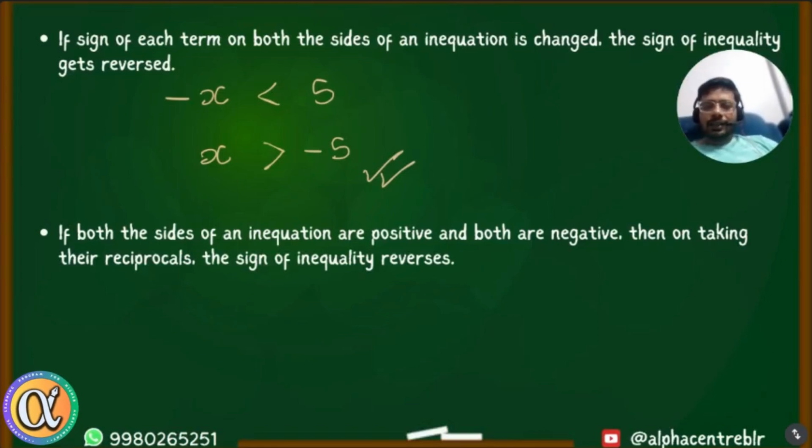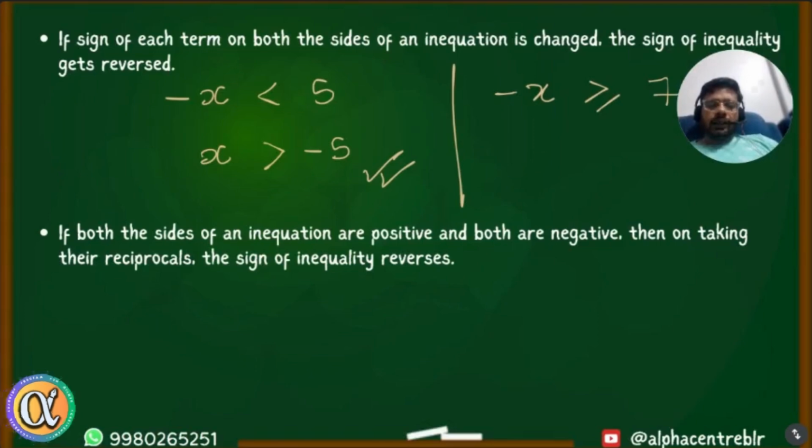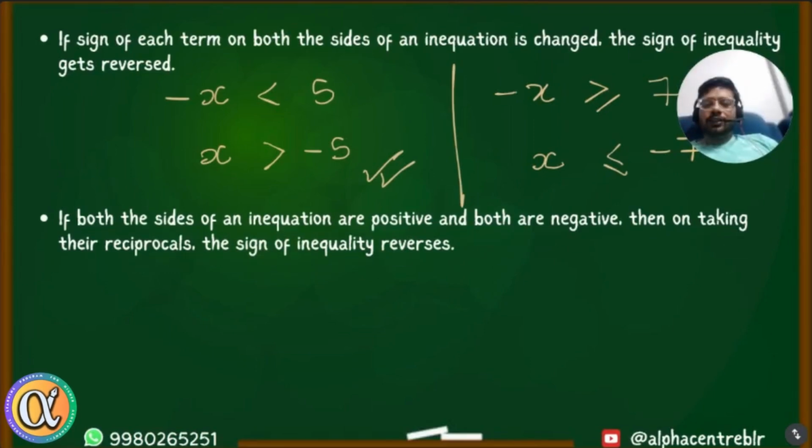It's the same thing. If you have an inequality like minus x is greater than or equal to 7, changing the sign is only required to make x positive. So you first change the sign on the other side and change the inequality. So greater than or equal to becomes less than or equal to. If both sides of an inequality are positive or both are negative, then on taking the reciprocal, the sign of the inequality changes.